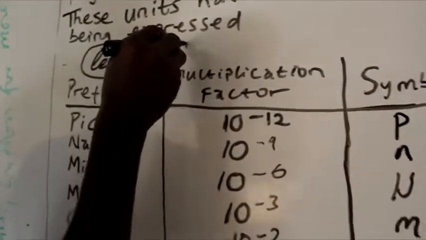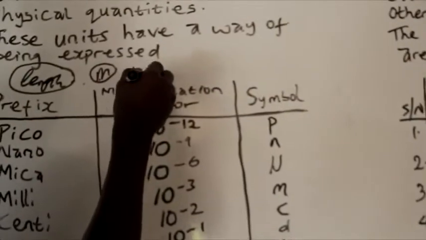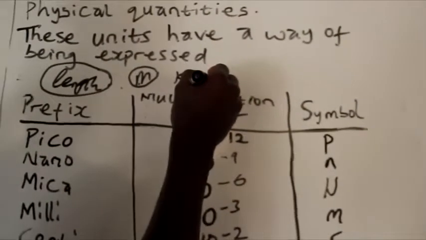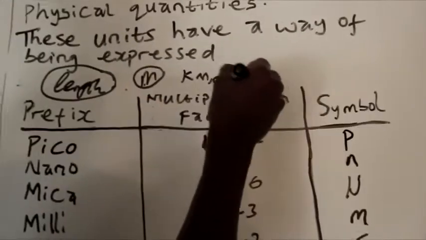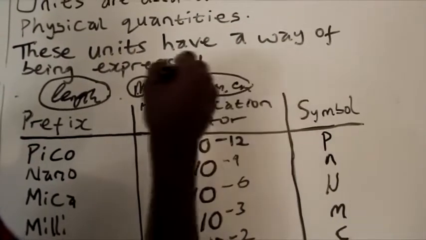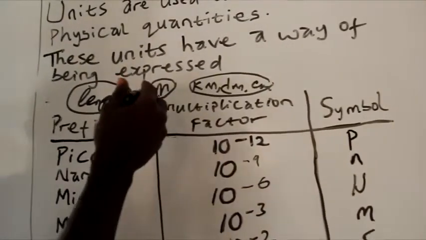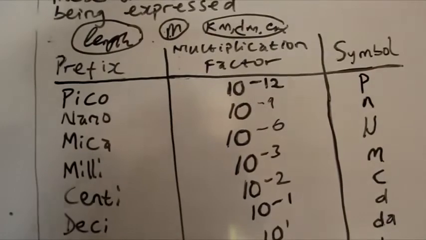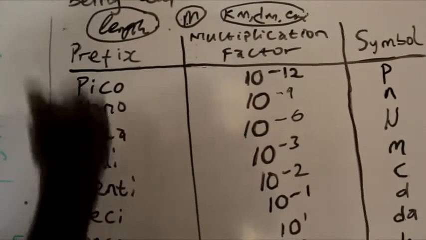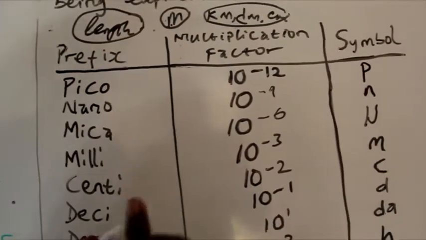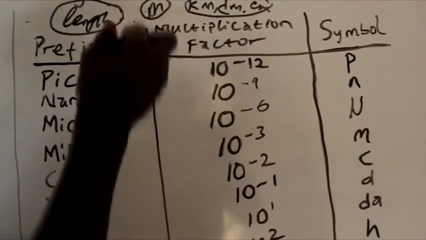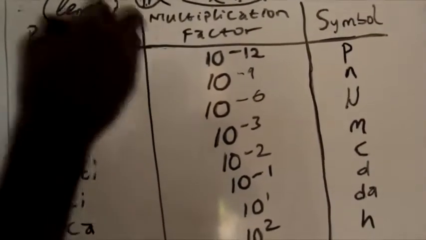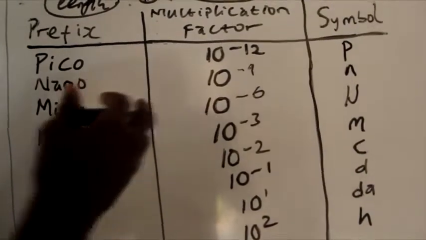One of the units of length is meter, which happens to be the SI unit of length. We have other units like kilometer, decimeter and centimeter. These units are derived from meters by addition of prefixes, and each of these prefixes relates to the unit with a multiplication factor.